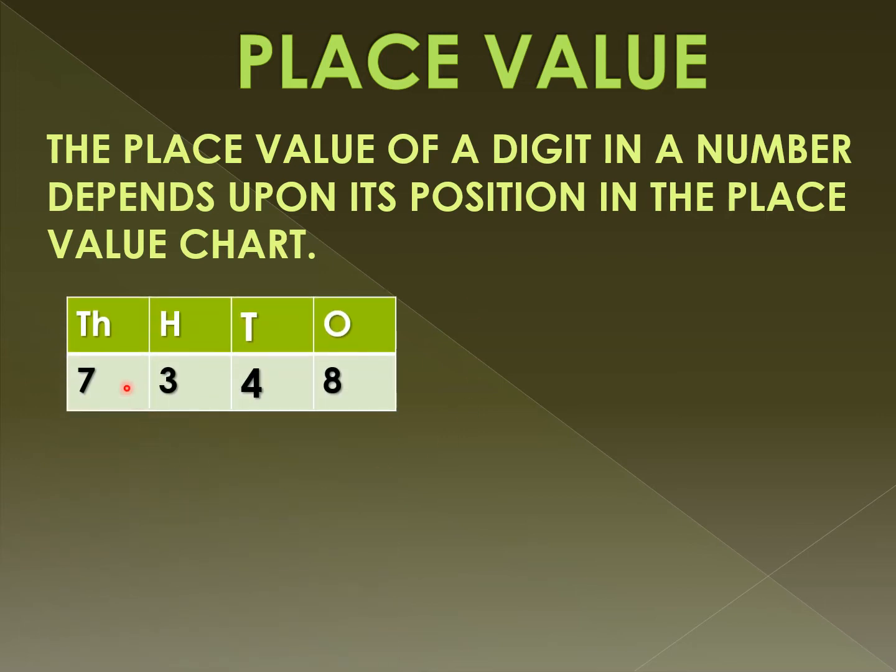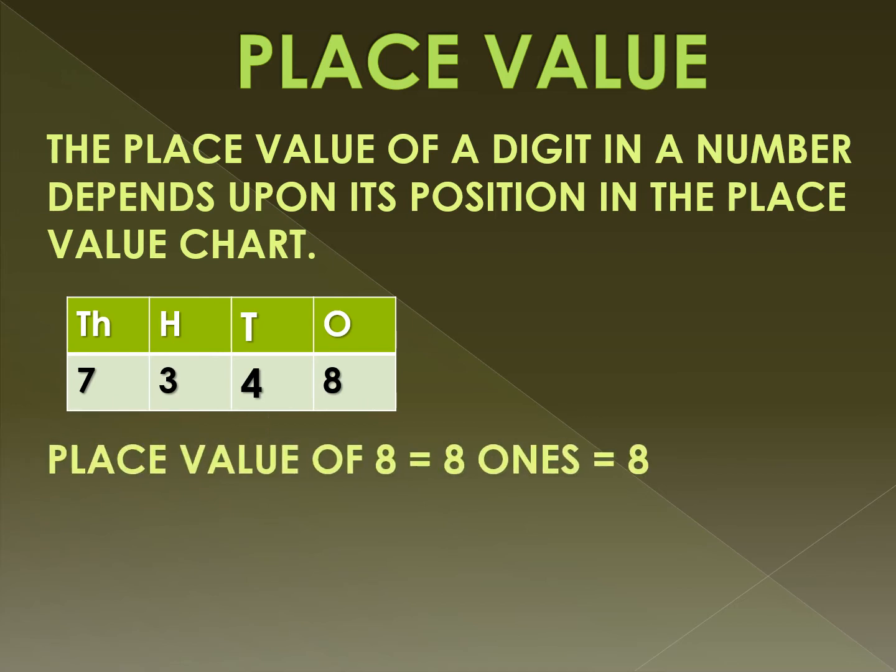Here we have the number 7,348. Now let's understand what is the place value of the different digits in this number. The place value of 8.